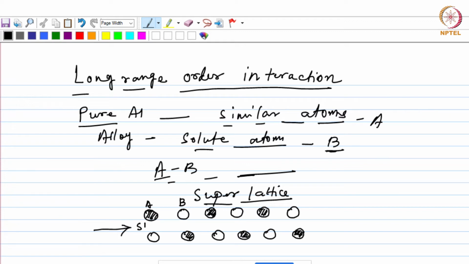So let's say this is the slip plane across which the dislocations will move, and as the dislocations move through this ordered region of the lattice, it will introduce these antiphase boundaries, which is also known as APB in short.